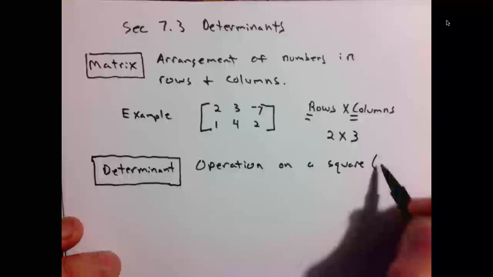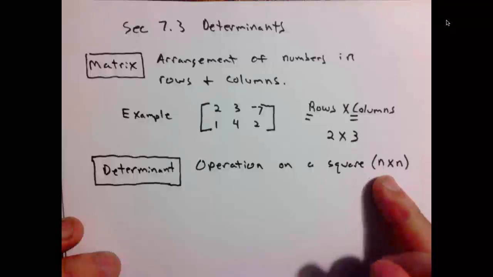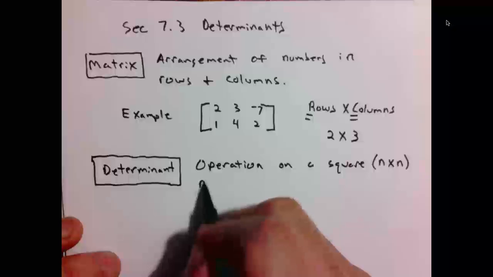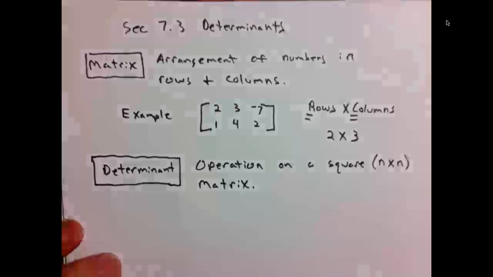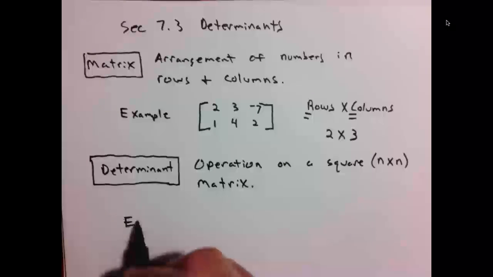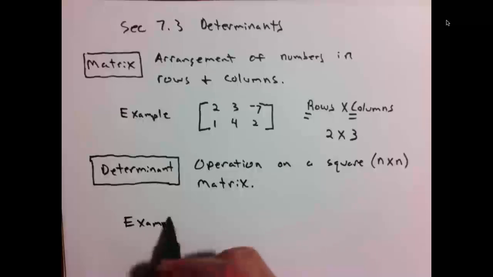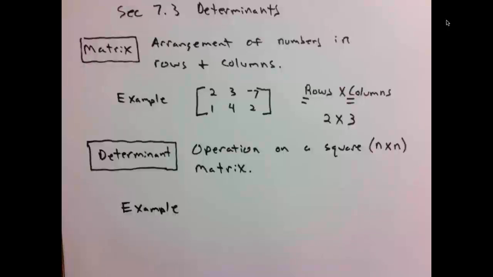And a square matrix is an n by n one. As you would imagine, the same amount of rows and columns. Looks like a square. Or I should say definition, really.